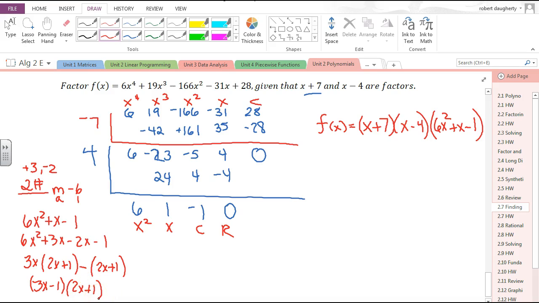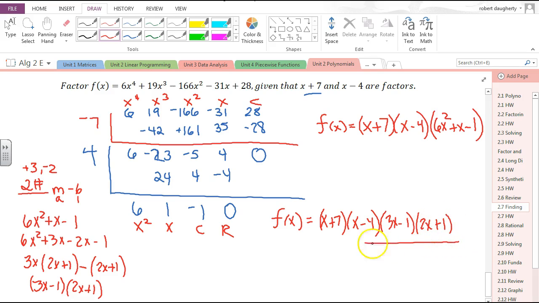That's from factoring the quadratic. So my final factorization is what? F of x equals x plus 7, x minus 4. And then what do I have? 3x minus 1, 2x plus 1.